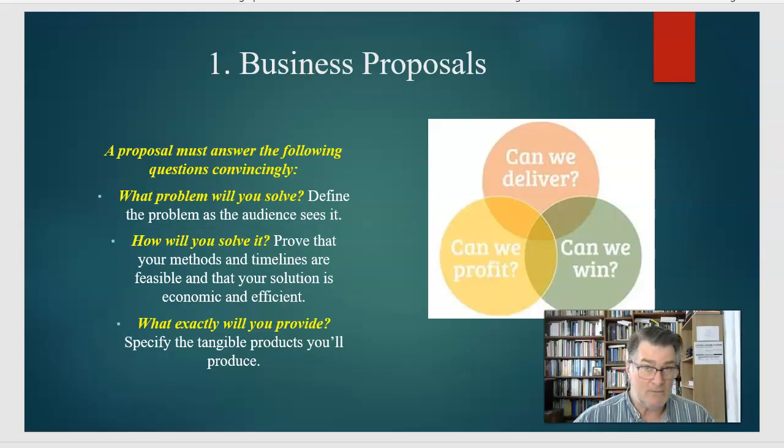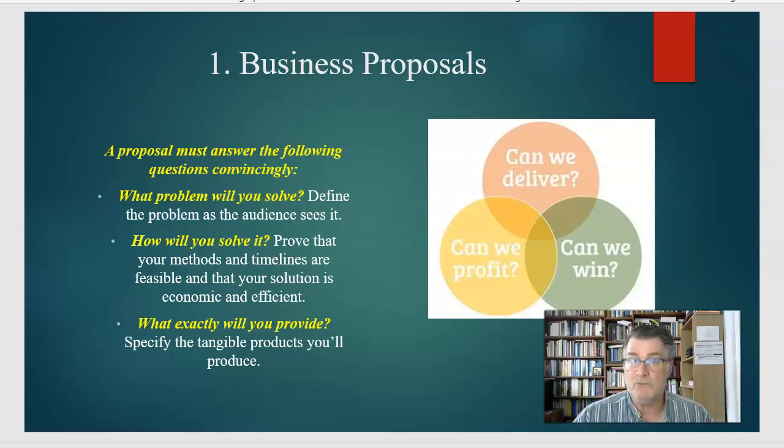So if you can define the problem or the main thesis and the potential audience that is going to read it, that will really go a long way towards identifying what you need to do, what kind of research you need to conduct, and the language you need to present these ideas in so that that potential audience will understand it. So how will you solve it?